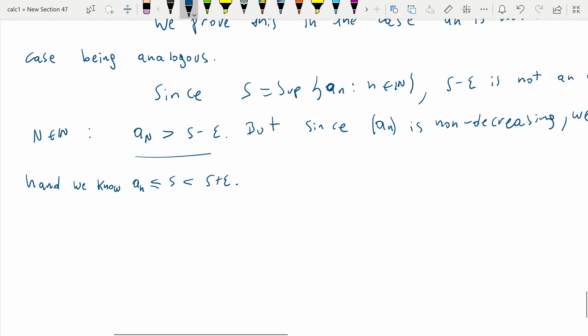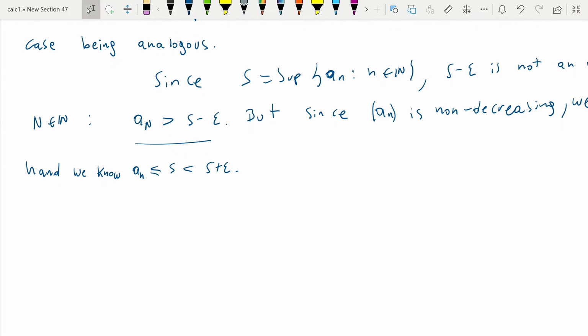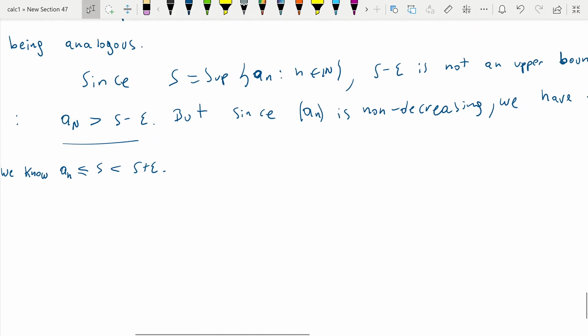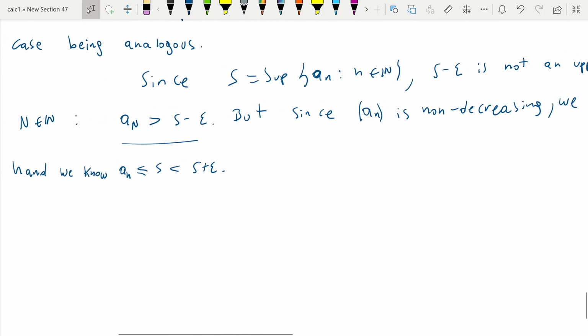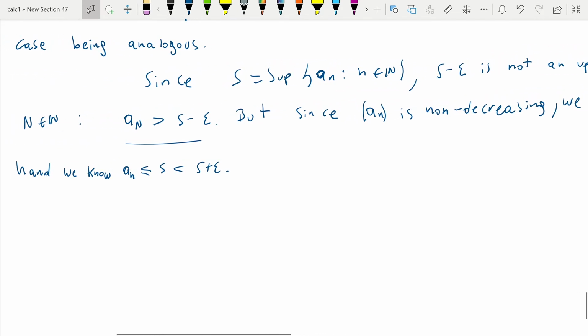In particular, an upper bound. Okay, so now putting these two things together, a_n is greater than s minus epsilon and is less than s plus epsilon.